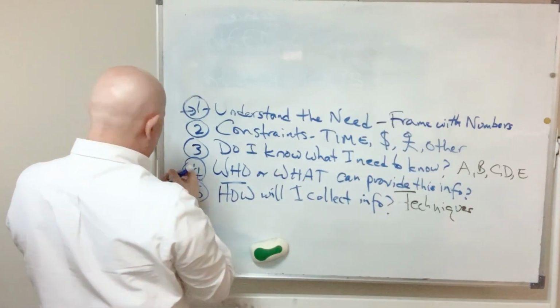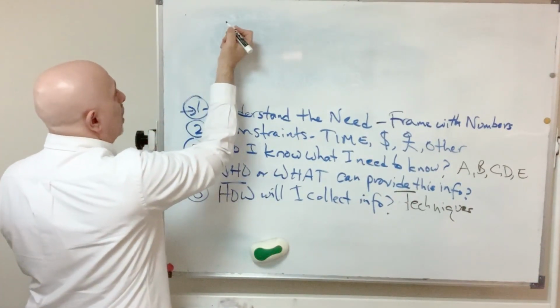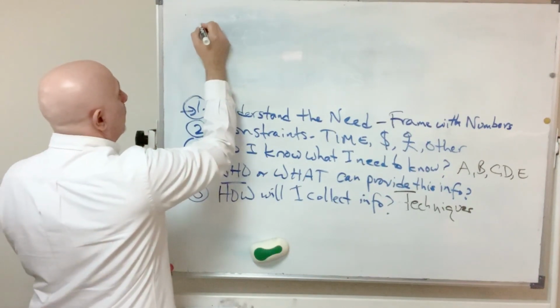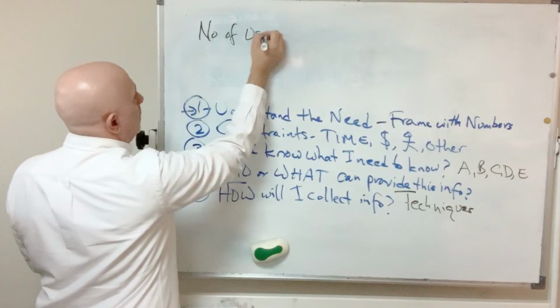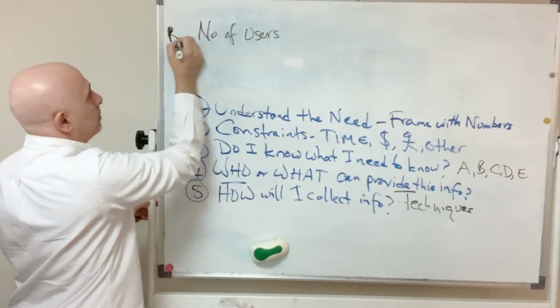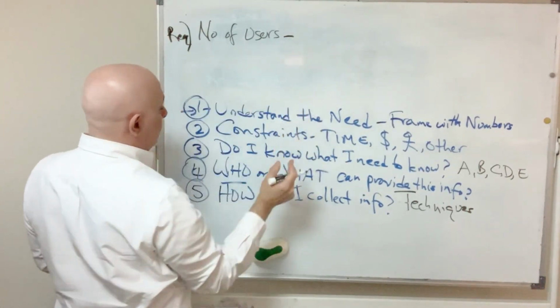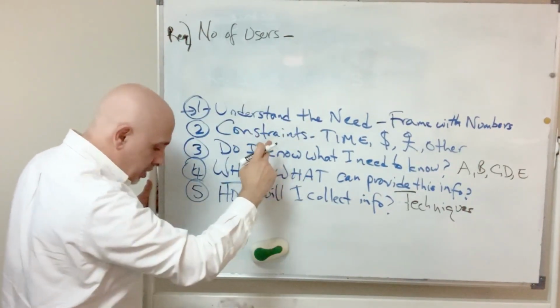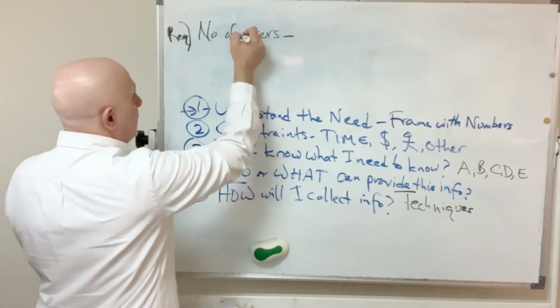Let's just say I have a requirement. Requirement 1, for example, number of users. Number of users that will be using this system. So that's my first requirement, right? And I figured, so this is the information that I need to know. So that's step number 3. That's addressed in step number 3.